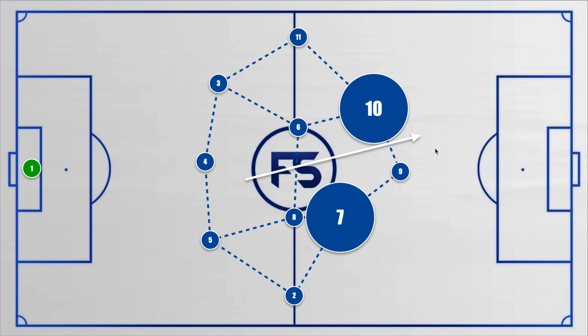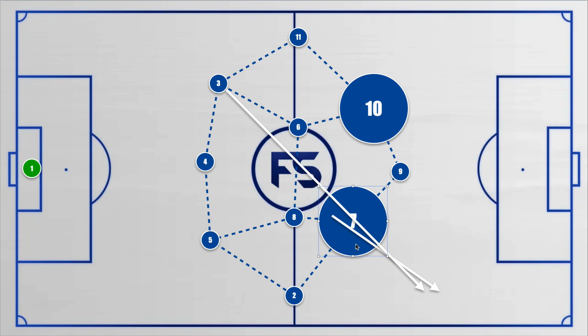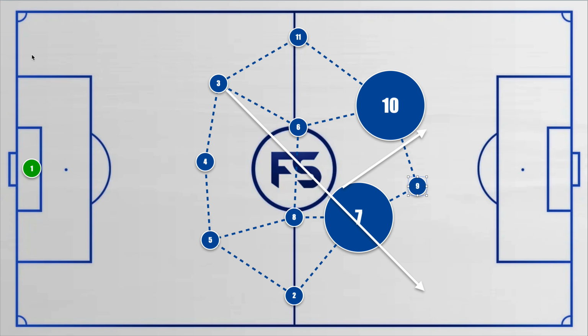Let's put that arrow into there. So looking for when there is a cross-field pass to get into those areas here, to drop into here, and also then to be capable of receiving passes, driving with the ball themselves and playing balls through to their other support striker or main striker.